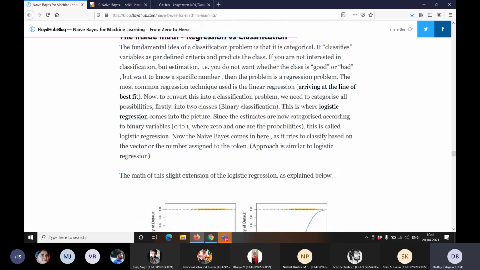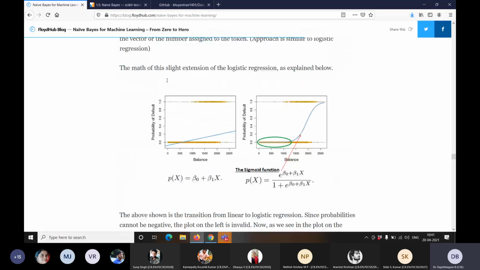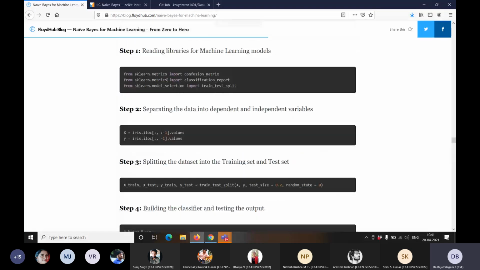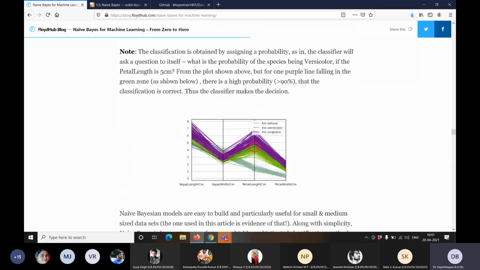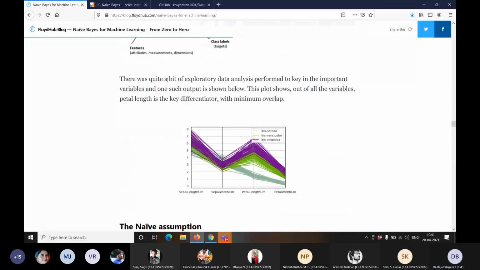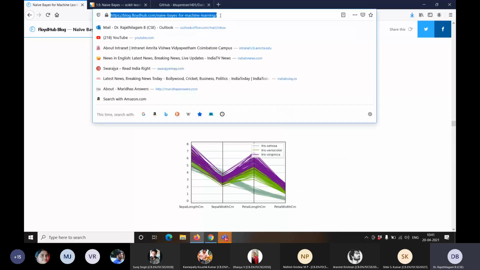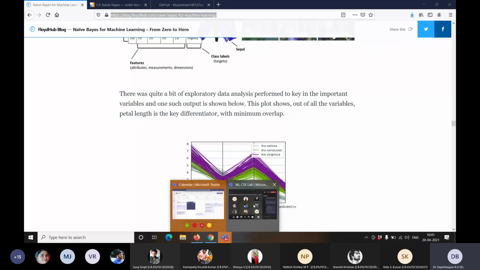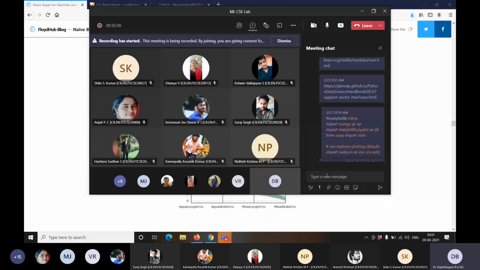So this is the idea. We can try this example in the next session, the next class basically, but I can just share this link with you. Naive Bayes classifier.